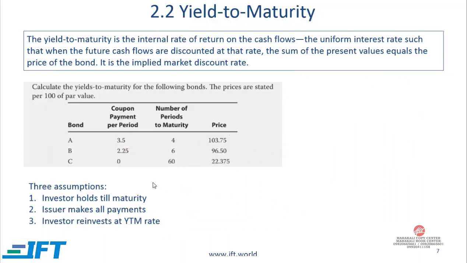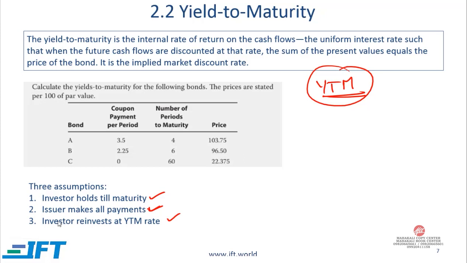In doing the YTM calculations and coming up with the YTM number, we make three important assumptions. This is called yield to maturity. So we assume that the investor holds the bond till maturity. If the investor sells the bond before maturity at a premium or a discount, then the yield will be different from YTM.